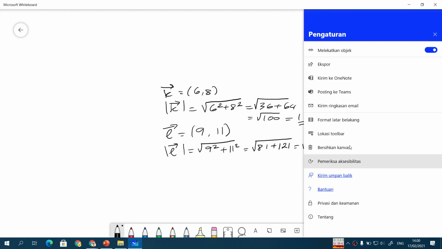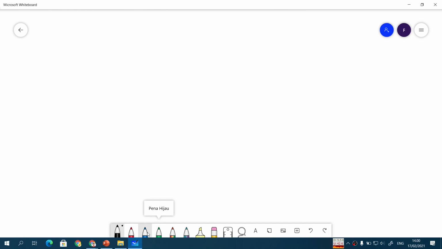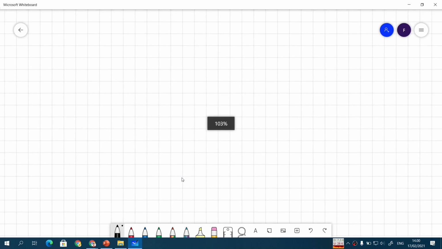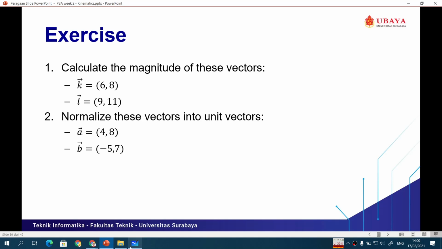I think it's simpler to clean my canvas. Okay, I have the vector A is 4 and 8. How to calculate the unit vector A hat?